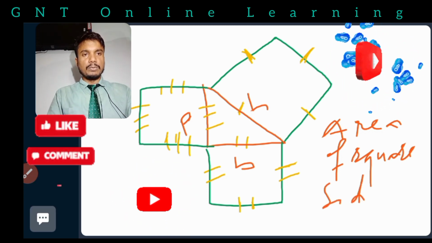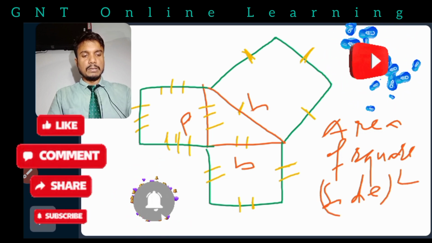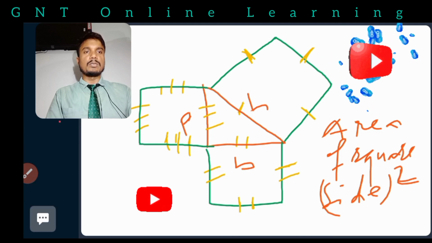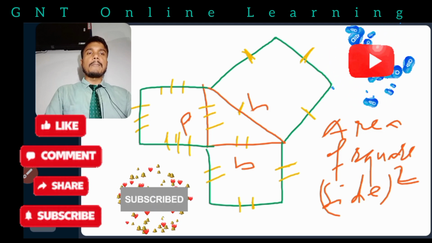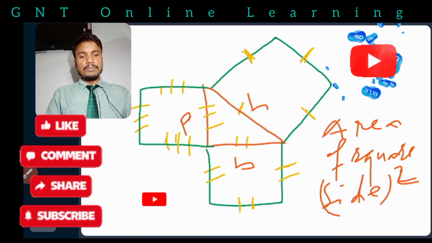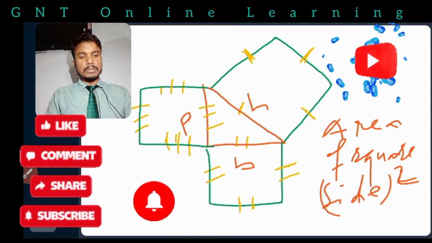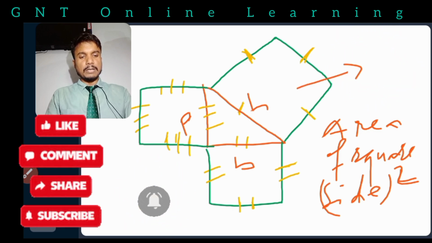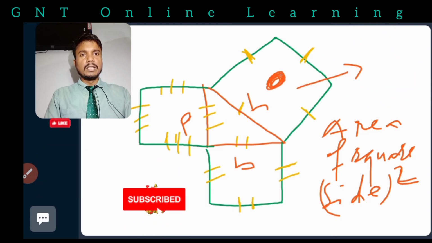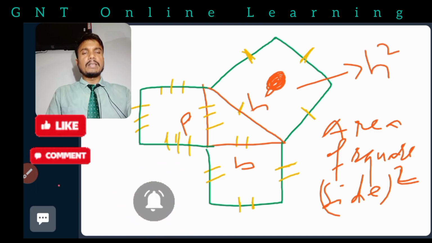That is, area of square equals side square. So if I talk here, we have h. If I talk about the area of this region, I'll write h square. Area of the square will be h square.